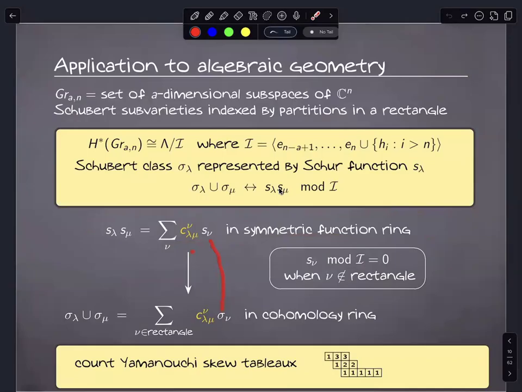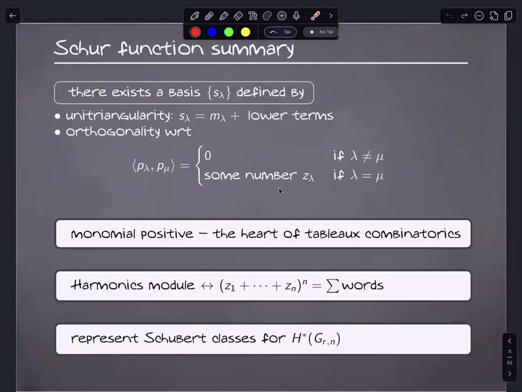This Schur function goes to that class, so the coefficients are the same. Okay, so my summary of Schur functions is that you can introduce them with an uninspired definition, but if you study them a little, you'll find that they do warrant the name of this prestigious and wonderful basis.